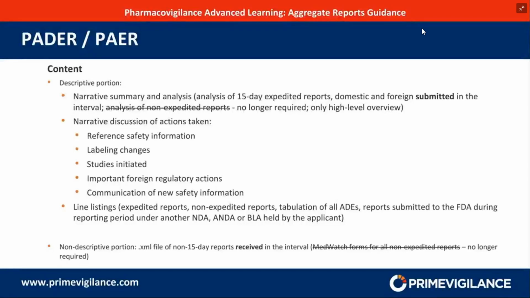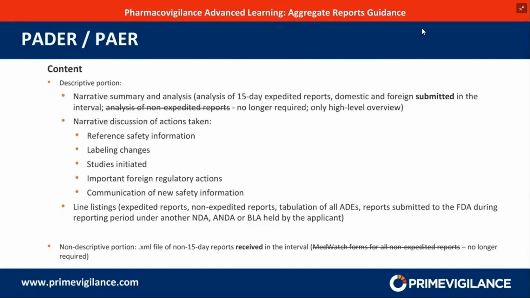The descriptive portion of the PADER consists of the narrative summary and analysis of the 15-day alert reports. They're called 15-day reports, alert reports, or expedited reports. These are all synonyms. These are serious and unexpected cases from worldwide sources, so both domestic, originating in the US, and foreign, from outside of the US.